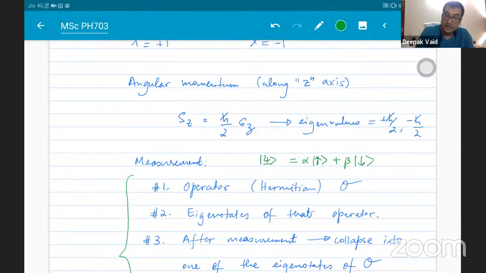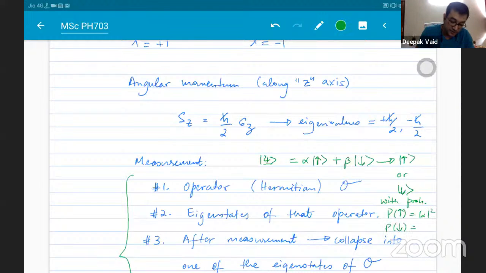After the measurement, it collapses into either the up state or the down state. And there is a probability. What is that probability? The up state probability is alpha squared and the down state probability is beta squared.